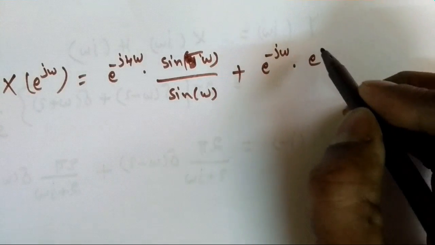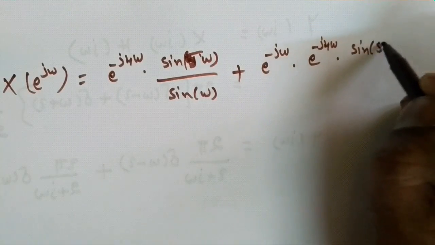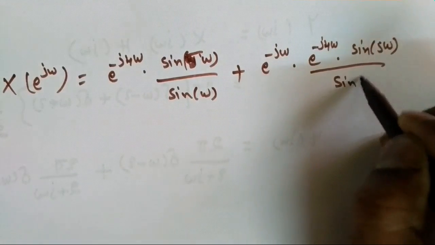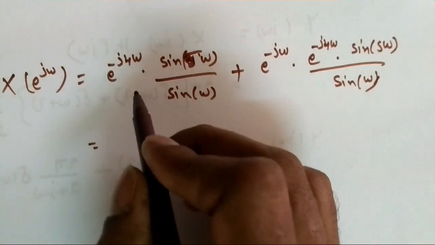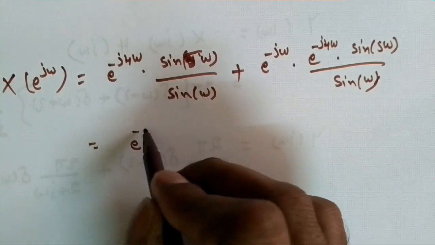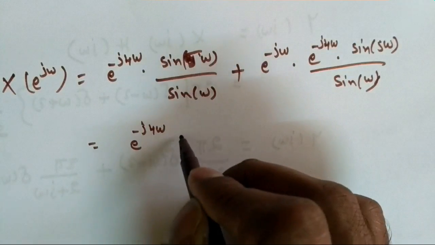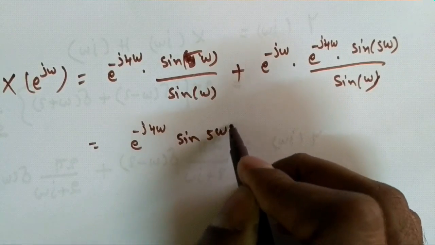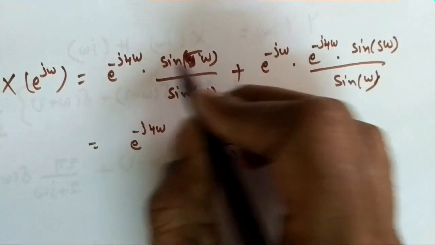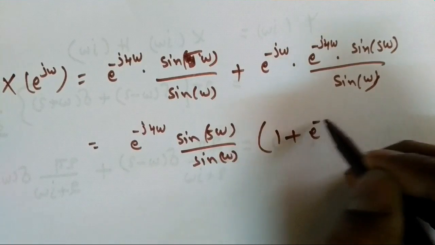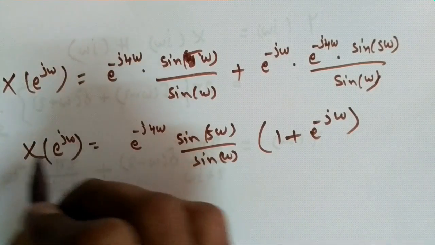Now if I take e power minus j 4 omega common, and sine 5 omega by sine omega common, the total is 1 plus e power minus j omega. So this is x of e power j omega.